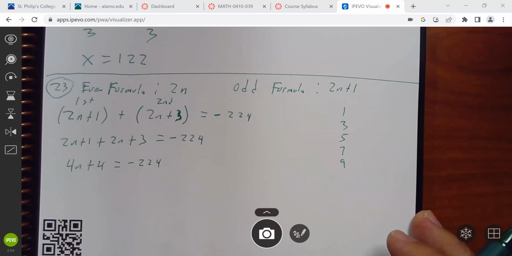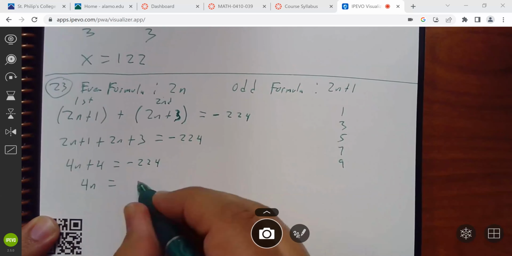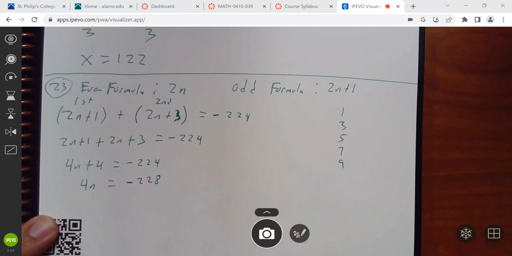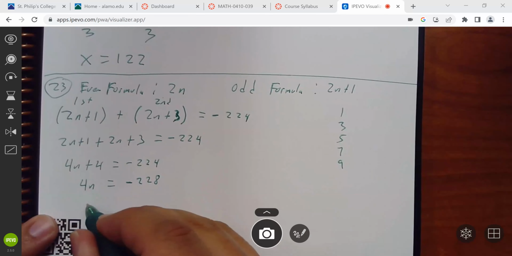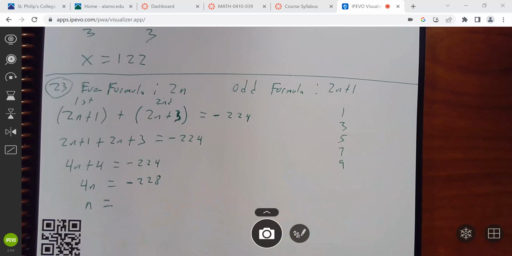4n. Minus 2, eight divided by 4. Is it divisible? Yes. Yep. I don't know what that is.